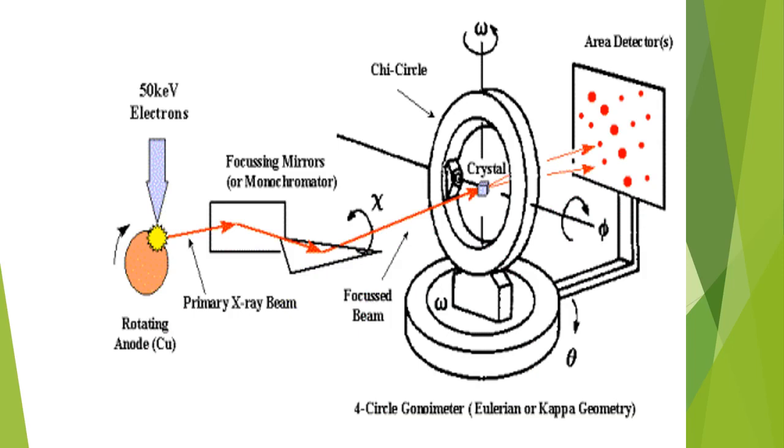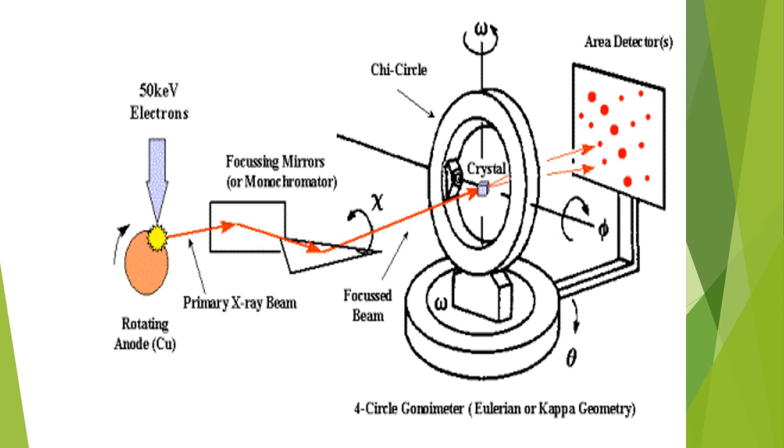And when these X-rays strike the crystal, they are scattered at different angles by striking the atoms present in that single crystal, which are located relative to one another at certain angles and distances in some planes.